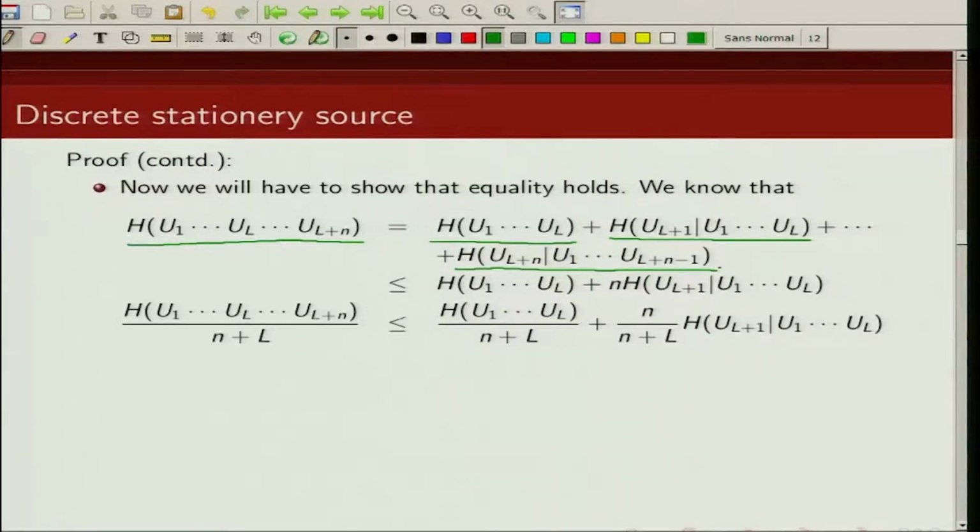Now what do we know about these terms? We know these are non-increasing as L increases.